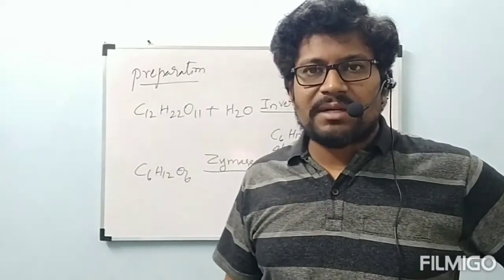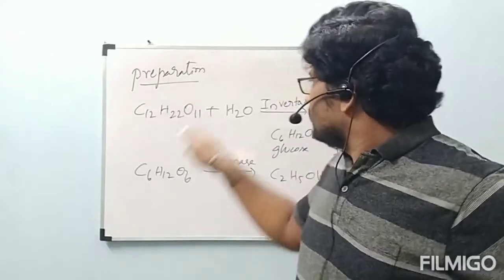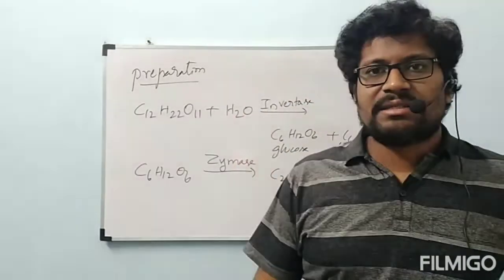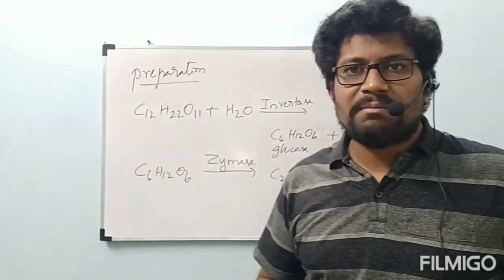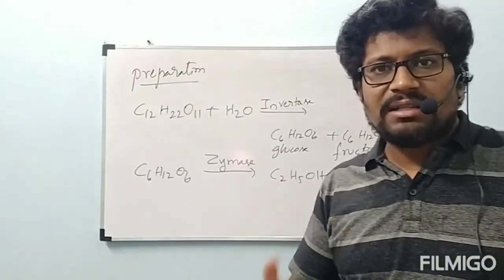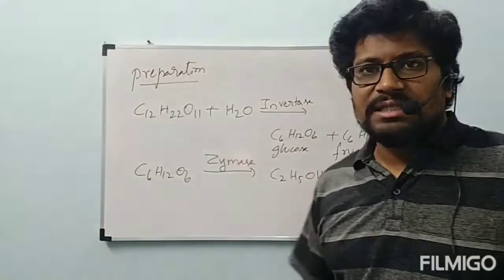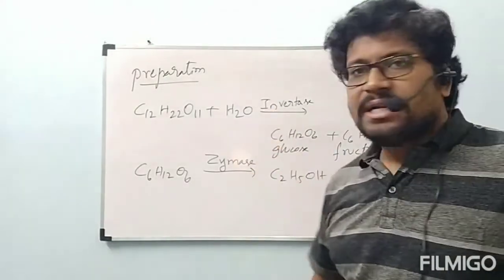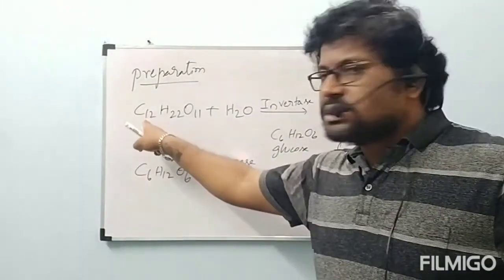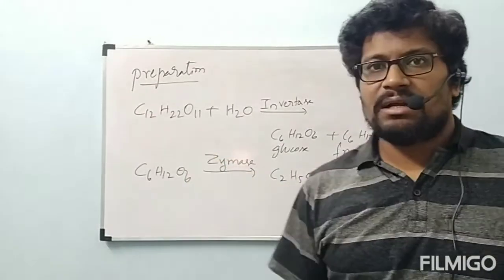Those enzymes are nothing but biocatalysts, microorganisms. What are the enzymes produced by yeast? Those are invertase and zymase. In presence of invertase and zymase, sucrose is getting converted to alcohol.